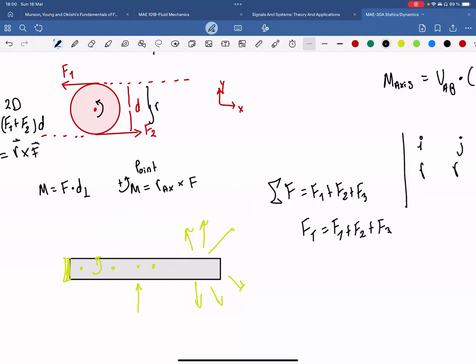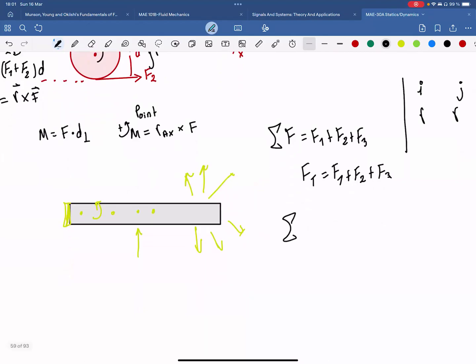But then that force is going to induce a moment on the rigid body with respect to a point. So I will also have to take into account that there is already a moment on the body, right? So I have to do the sum of the forces. No, no, no. I will have to do the sum of the moments, right?